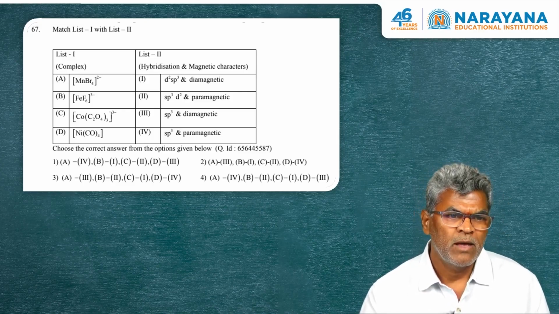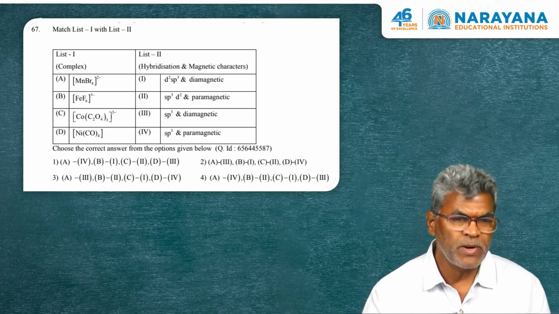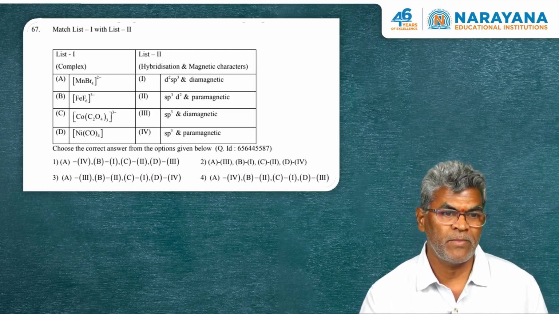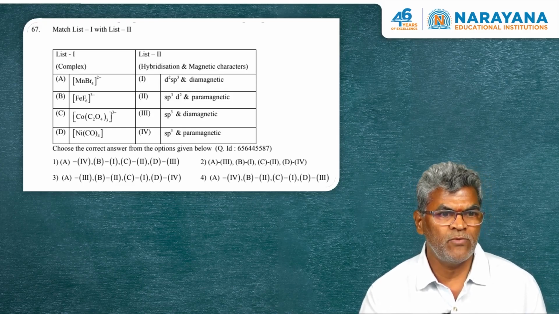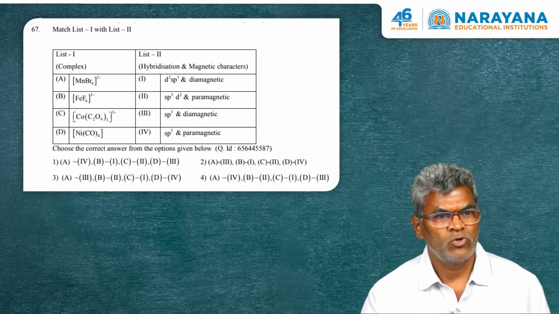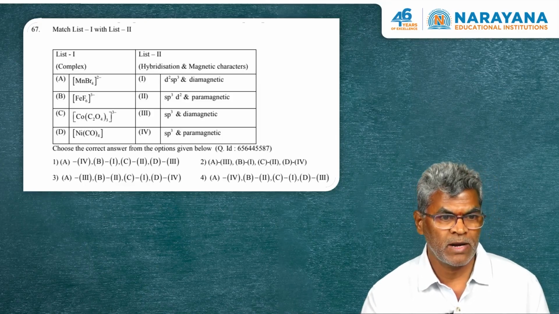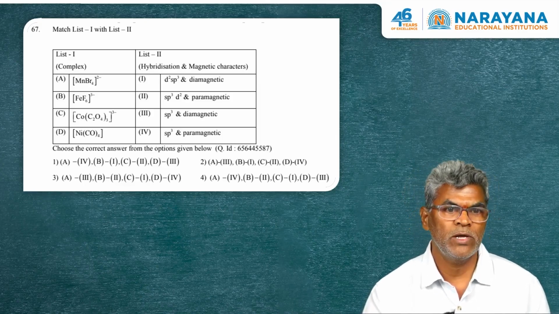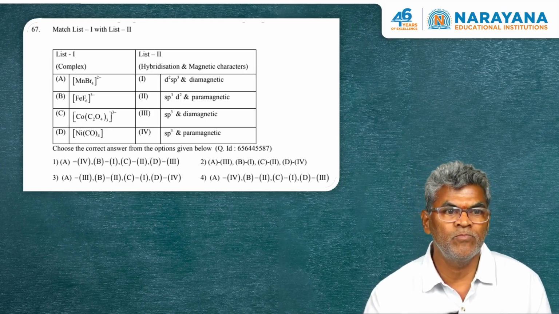Mn is in plus 2 oxidation state, and plus 2 means 5 unpaired electrons will be there, that is why it is paramagnetic. Fe F6, again fluorine is a weak field ligand. Iron is in plus 3 oxidation state, plus 3 means again 5 unpaired electrons, outer shell complex only, but here the coordination number is 6, that is why the hybridization will be sp3d2.